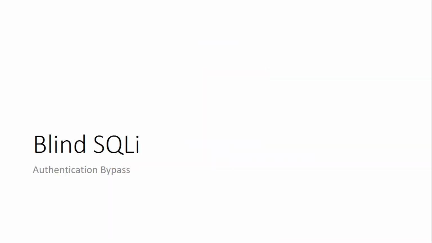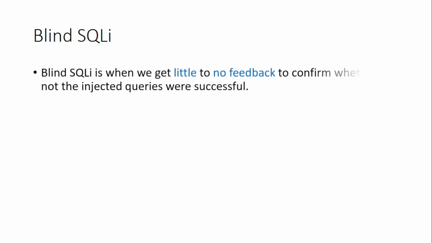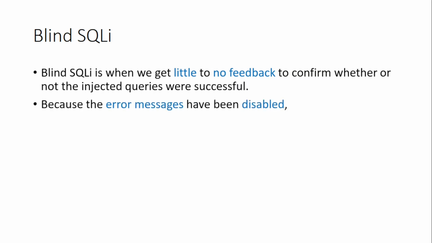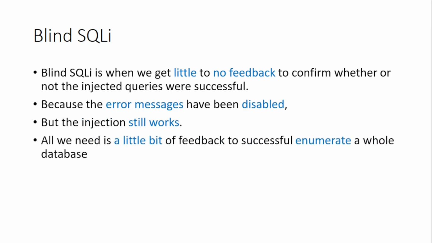Now let's go to blind SQL injection. Blind SQL injection is when we get little to no feedback to confirm whether or not the injected queries were successful, because the error messages have been disabled, but the injection still works. All we need is a little bit of feedback to successfully enumerate a whole database.